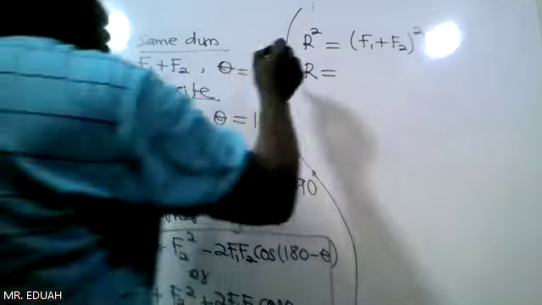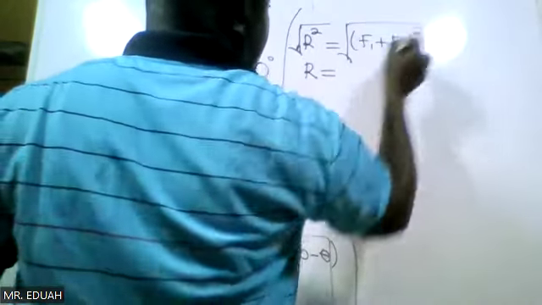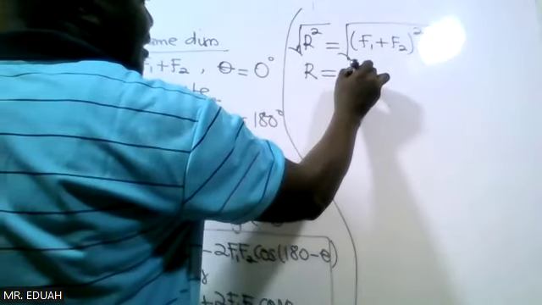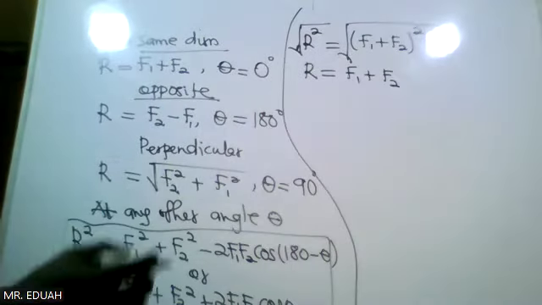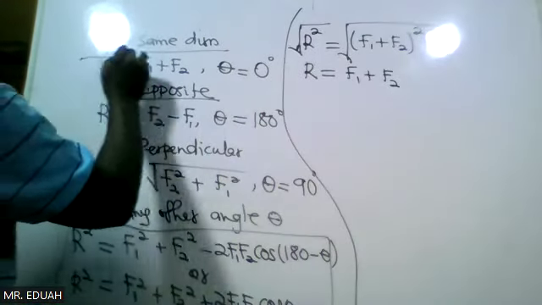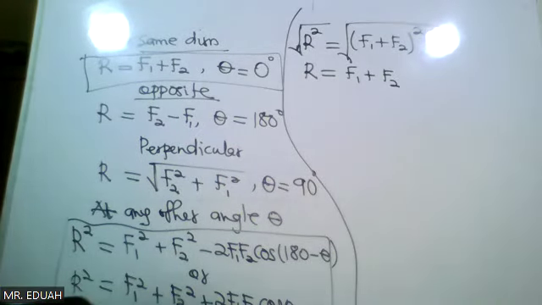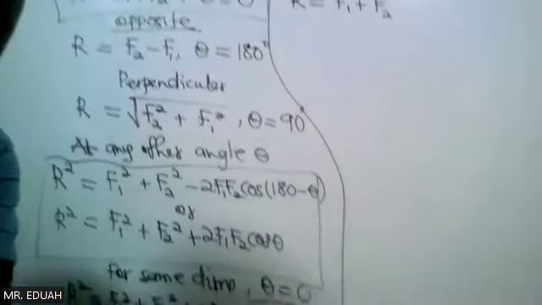You take the square root of both sides of the equation, and you have R being equal to F1 plus F2. So it is bringing us back to what we learned for two bodies moving in the same direction.